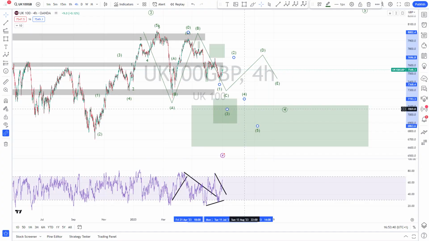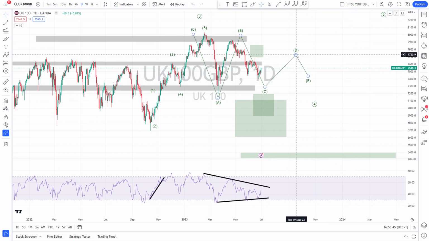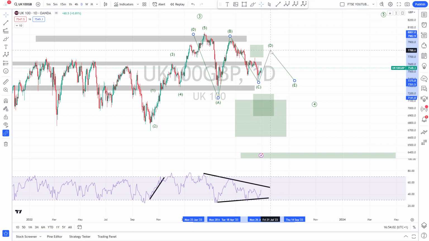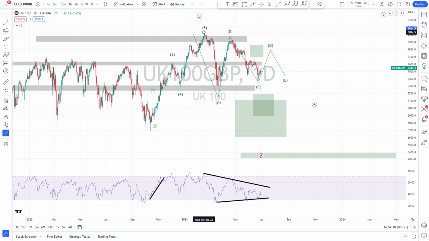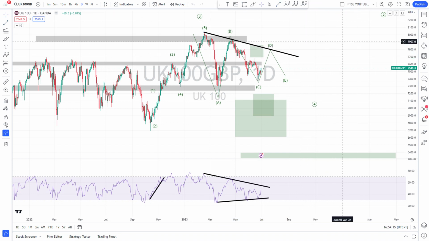Let's have a closer look at the daily. Yeah, so indeed something like this: A down, B up, C down, maybe here, then D to the upside, somewhere here, or E, and then here we can do a trend line, something like this, and then from here we shoot higher.